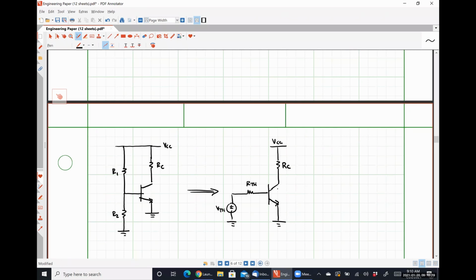These represent the exact same things. We're just substituting in that practical voltage source VTH in series with RTH for that voltage divider network.